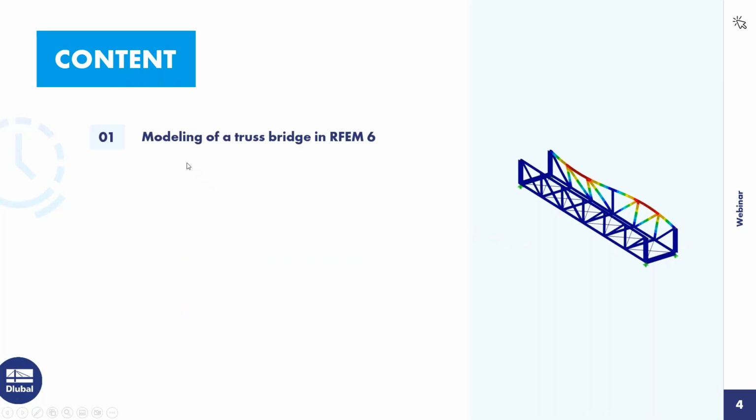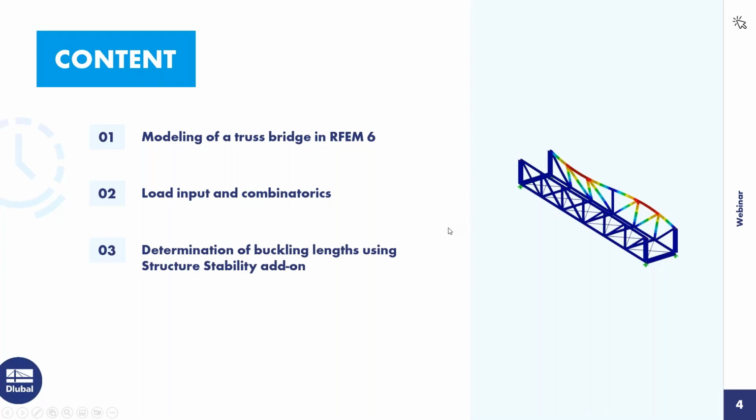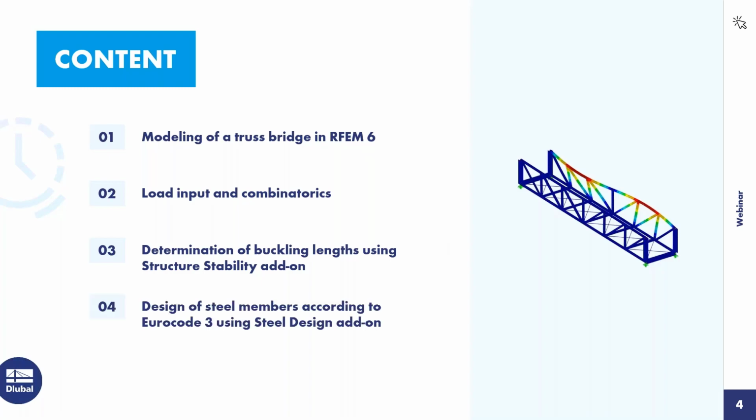To the agenda today: Oliver starts with the modeling of that truss bridge here. Then he will input loads and do the combinatorics. Then follows the determination of buckling lengths with an eigenvalue analysis using the structure stability add-on.